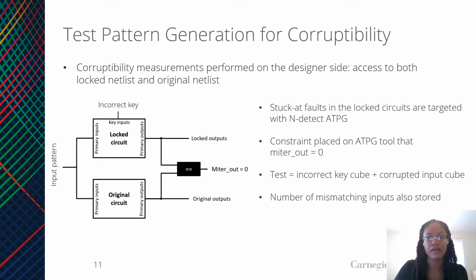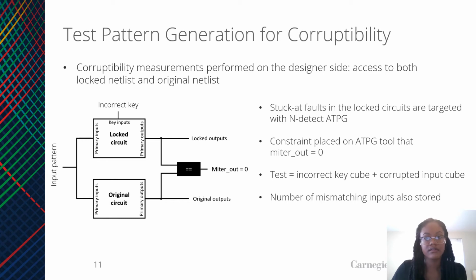By targeting faults in the locked netlist that have key bits in their fan-in, ATPG generates a test that consists of a key cube and an input cube. This is repeated N times per fault, where N is the level of N-detection. Because of the constraint placed on the ATPG tool making the circuit outputs disagree, each generated test consists of a key that is incorrect and an input cube that is corrupted by that particular incorrect key.